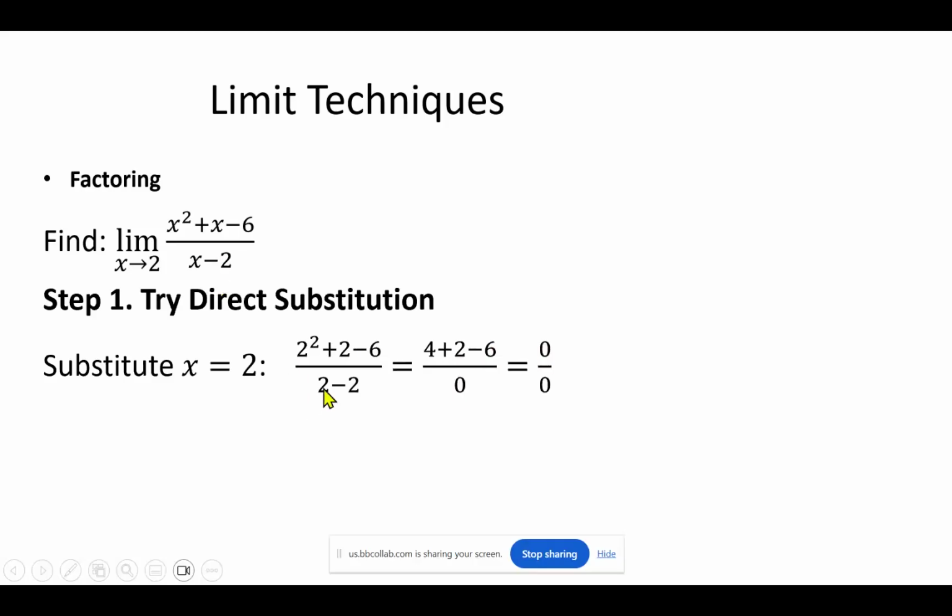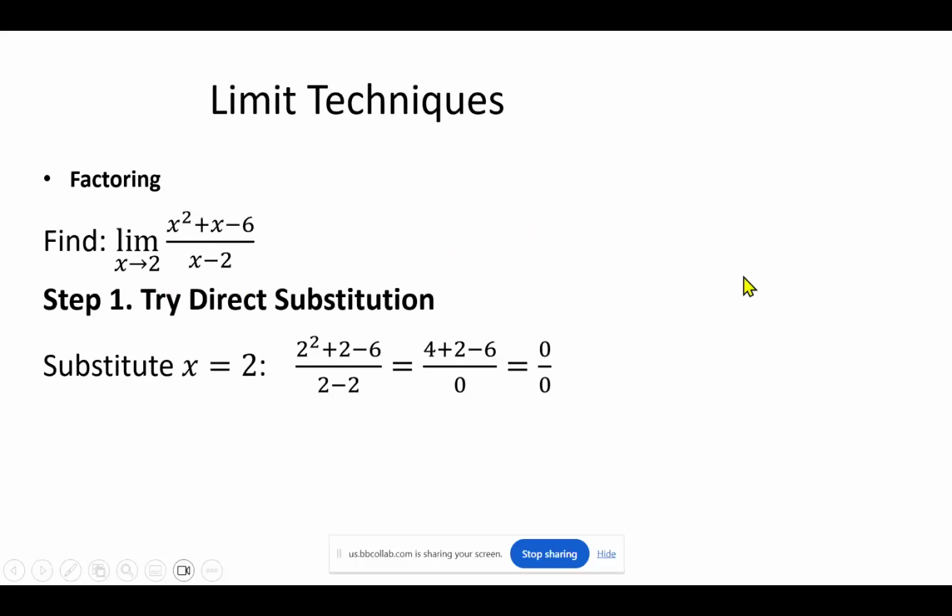But in the denominator, 2 minus 2 gives you 0. The 0 on the top is not a big deal, but the 0 on the bottom is, because in math we don't divide by 0. So this is what we call undefined. This fraction does not have a value.